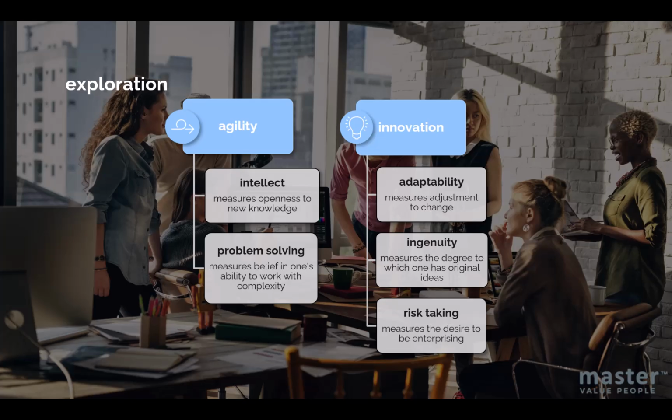OPTO only reflects the interest and energy derived from solving problems, not skill level. High scores in this trait are valuable in roles that involve significant problem-solving, such as many positions in IT and R&D. The final dimension is innovation, measured by the aspects adaptability, ingenuity, and risk-taking.